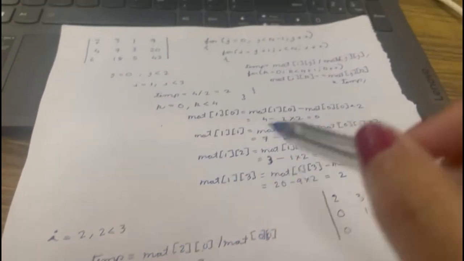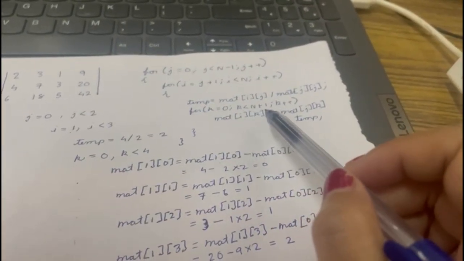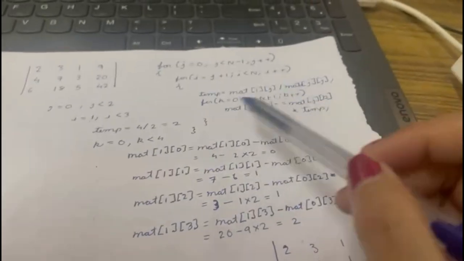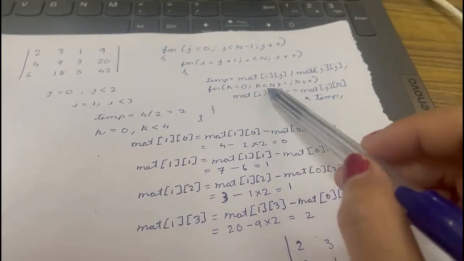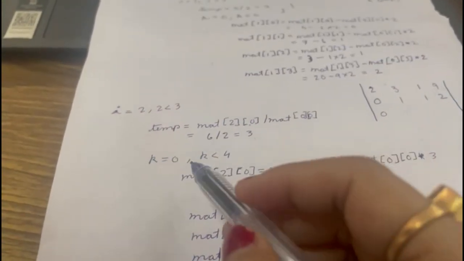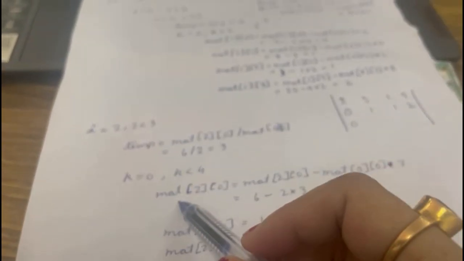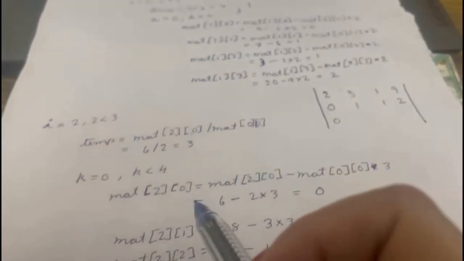Now we will again go to k equal to 0, k less than n plus 1, which means 4. We still go from the beginning only. Here we need to do mat ik equal to mat ik minus mat jk into temp.